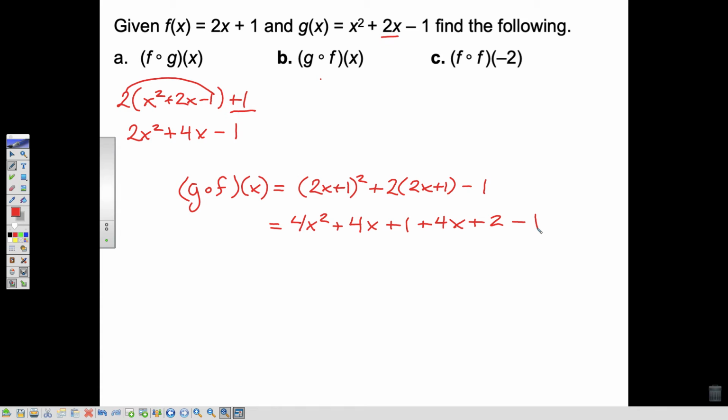Wait, I got 4x squared plus. How'd you get 2 4x's? Because you're foiling. I forget to foil. Are you doing the big no-no? You cannot distribute into a quantity. Don't do that. What does that mean? She's just squaring each individual thing. A square is it multiplied by itself. Yes, she's just squaring the 2x and the 2 and the 1.